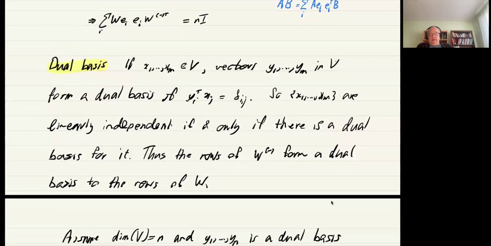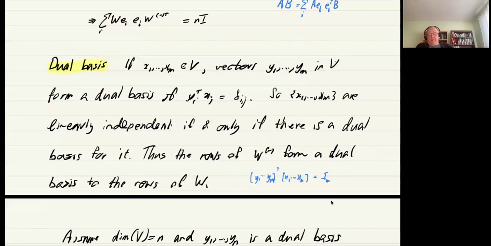Let me scribble this down in blue. So if I write down the matrix y1 through ym transpose times the matrix x1 through xm, then if the y satisfy this, these columns form a dual basis to this.